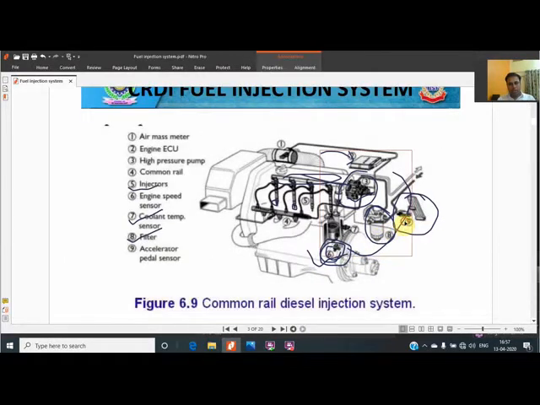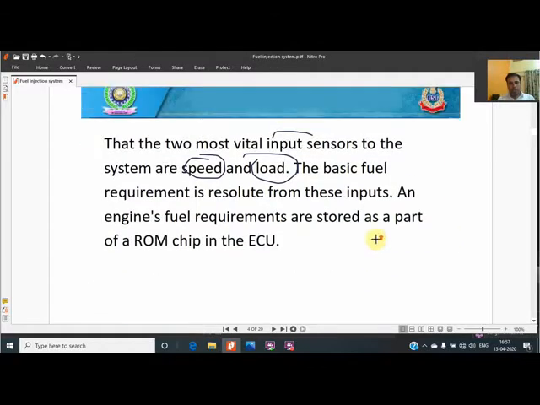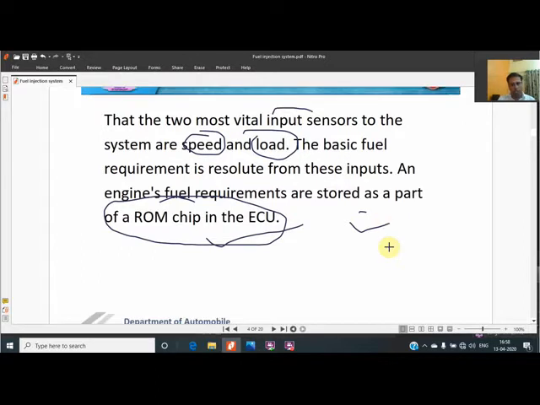For the load conditions, the throttle body, the throttle position is used. They get the input, and the ECU takes the decision as per the information stored in its ROM. A small memory is there in the ECU, and for each defined position, particular decisions are there, means how much injection is to be made, and the ECU takes the decision by itself for what injection is to be made in this condition.